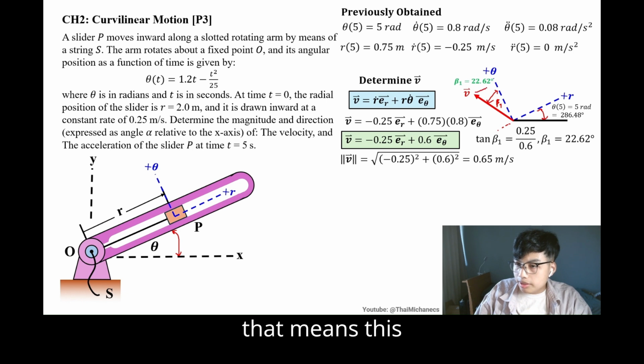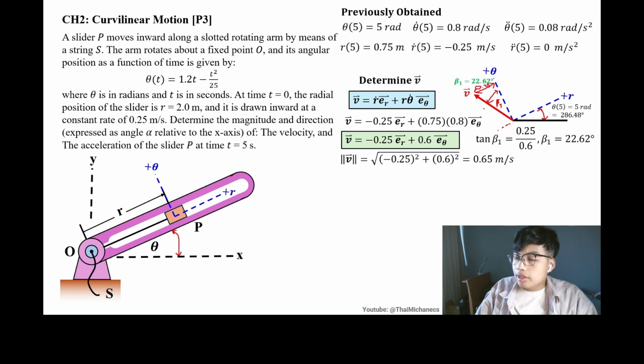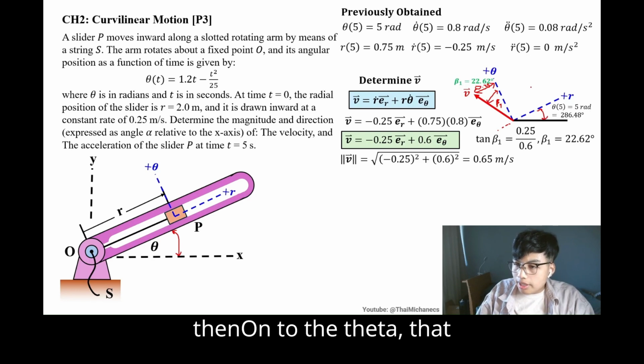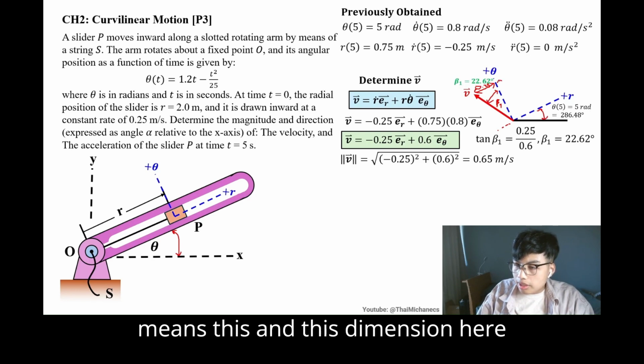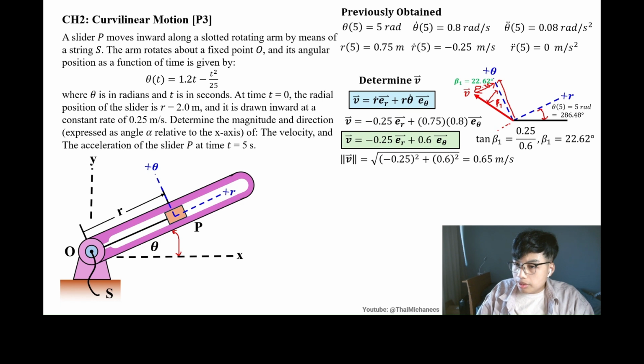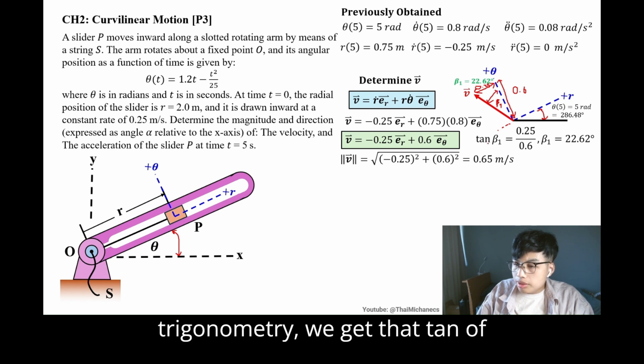So this distance should be 0.25. Then on the theta axis, this dimension here should be 0.6, right? So we perform the trigonometry calculation.